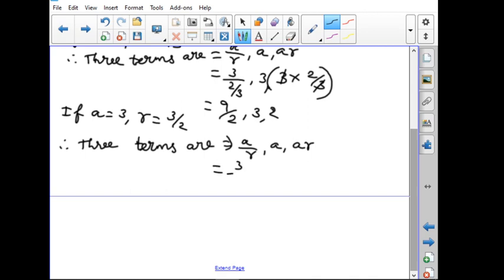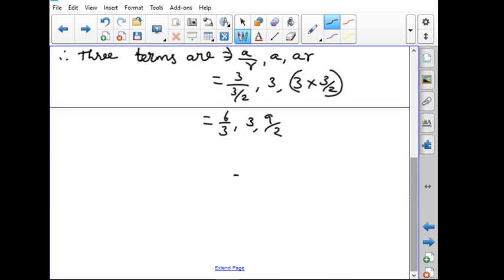A is 3, 3 by R is 3 by 3 by 2, comma A is 3, AR is 3 into 3 by 2. So the 2 will be multiplied here, so we get 6 by 3. 6 by 3 is what here? 2. So 2, comma 3, comma 9 by 2.